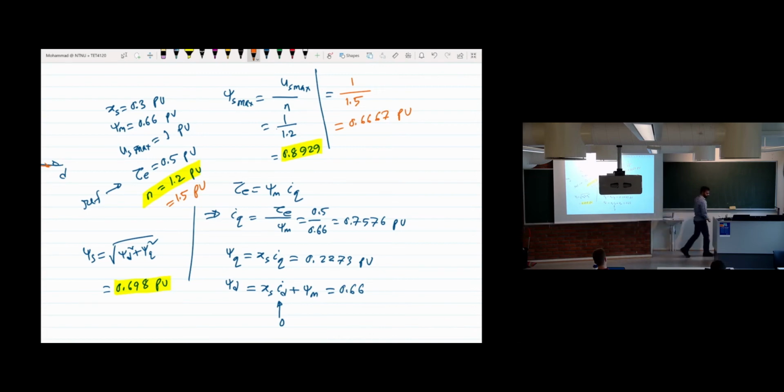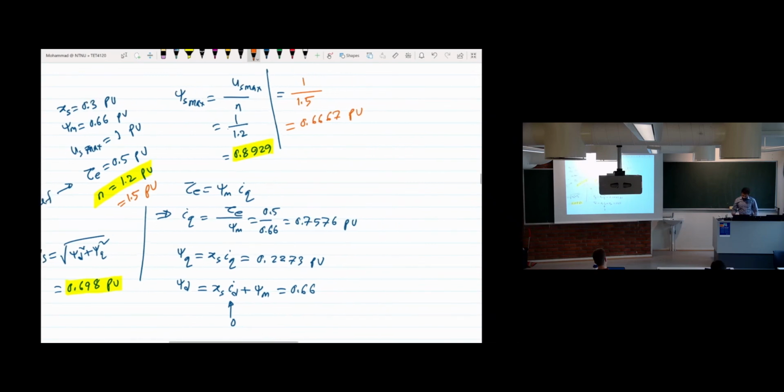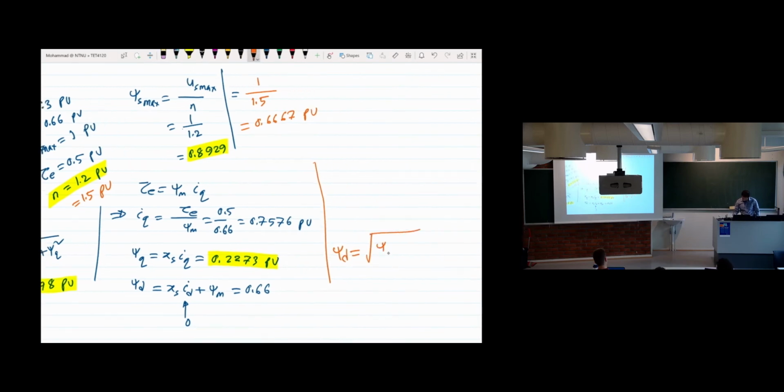So how can we do the field weakening? We check the remaining flux that we have. We have the Q-axis flux that we calculated here. This is the Q-axis flux for torque production that we need. From this, you can see the remaining d-axis flux that we can have, which is the square root of psi s max squared minus psi q squared.